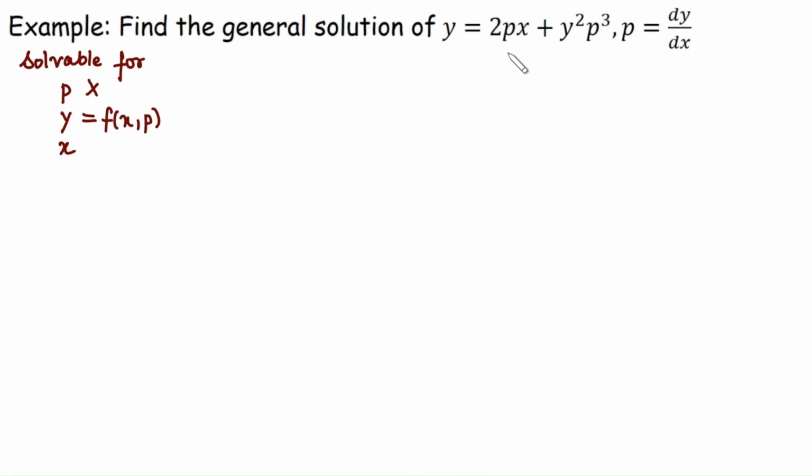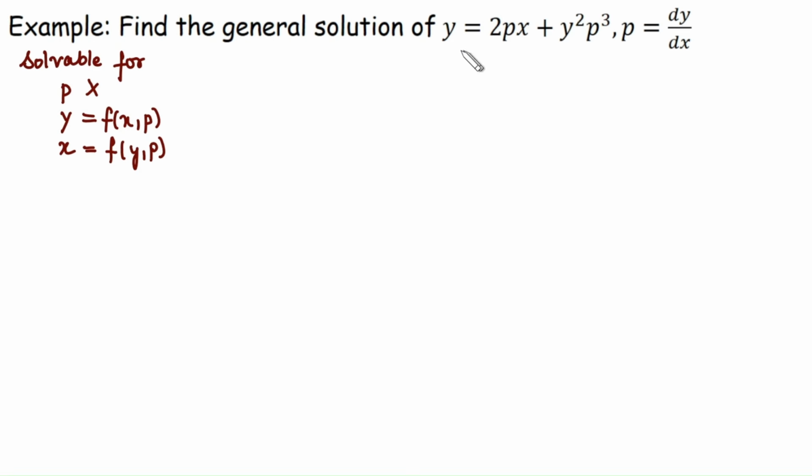Now let's check whether the equation is solvable for x. It means, can we write x as a function of y and p? Observe that the power of x in this case is equal to 1. So we can easily solve the given equation for x in terms of y and p.